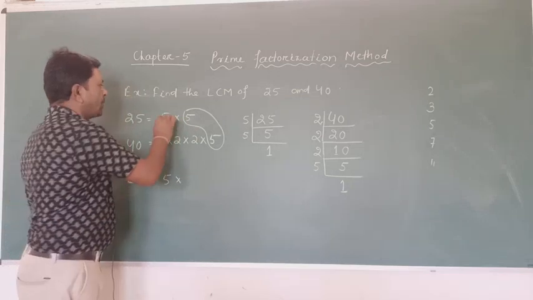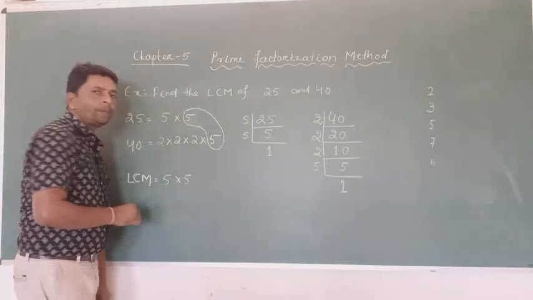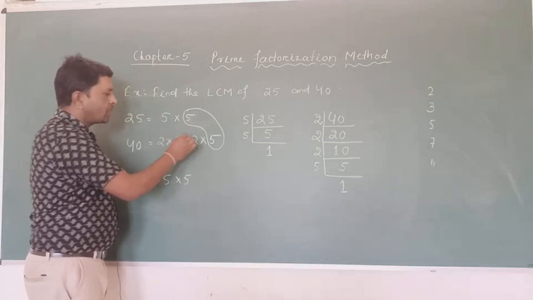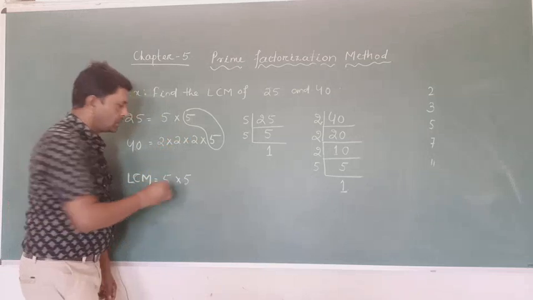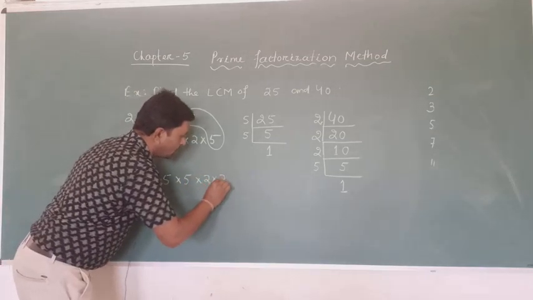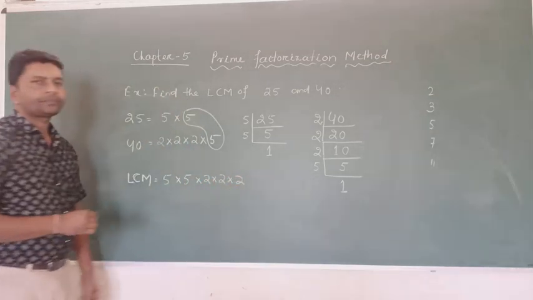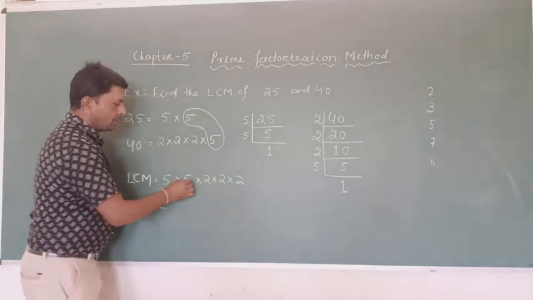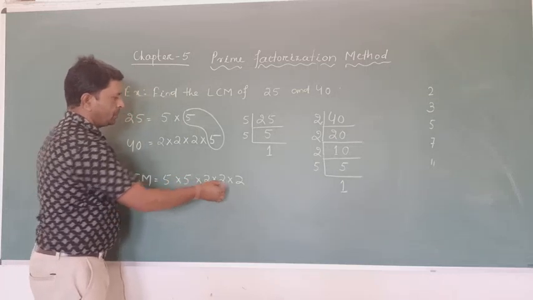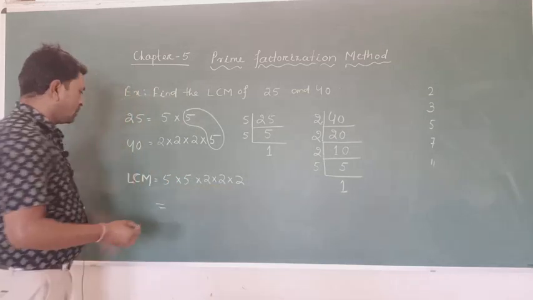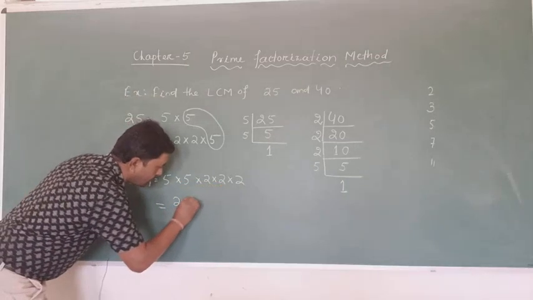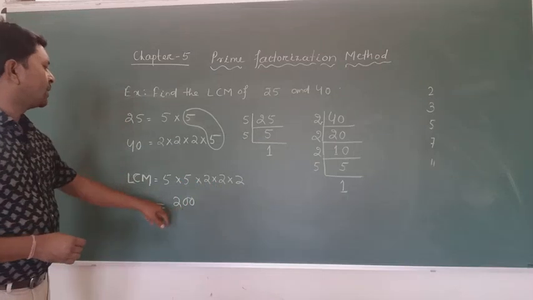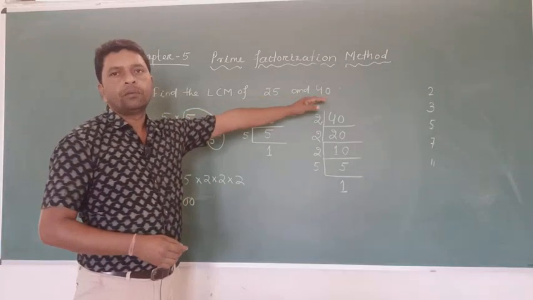So 5 is uncommon in the first number, so take 5, and 2, 2, 2 are also uncommon, so multiply 2, 2 and 2. Okay, and multiplying all these numbers, 5 into 8 is 40, and 25 into 8 is 200. So it is the LCM of 25 and 40.